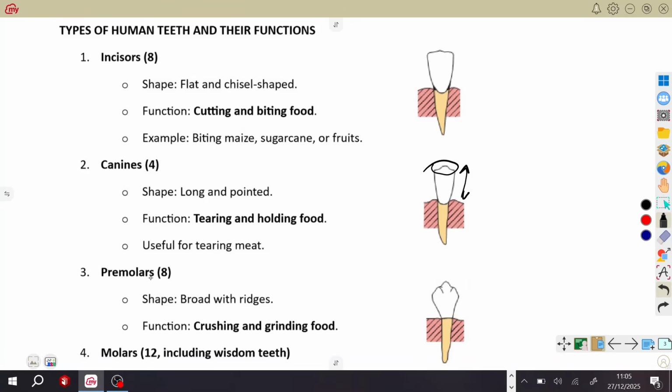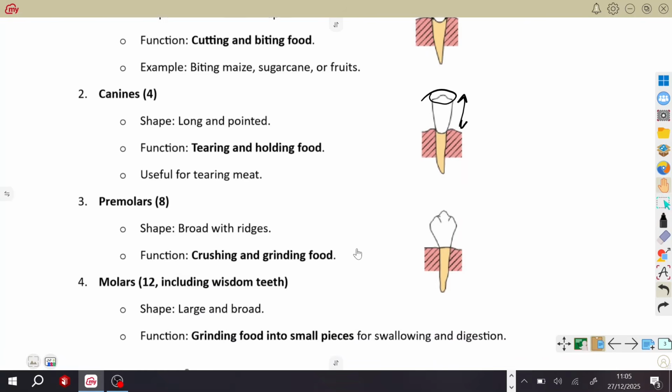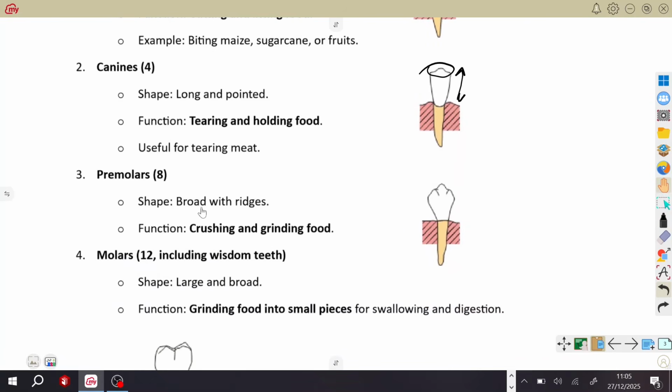Then we go to premolars. Premolars are the next. When you look at premolars, shape, broad and with ridges. So they're a bit wider there. That's what we mean when we say broad. And then they've got ridges like there. So in terms of function, crushing and grinding food.